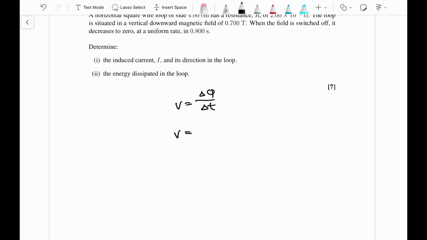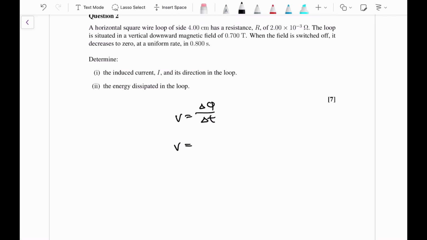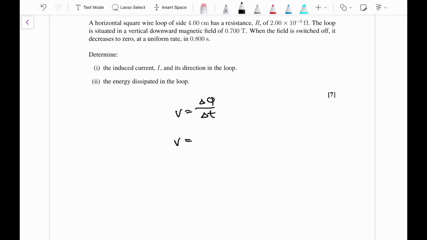So first of all, the change in magnetic flux is just equal to delta B times A. Now in this case, the area isn't changing, so that's just delta B over delta T. We can move delta T over with the delta B so that we can express it in the form of the rate of change of magnetic flux density times the area.